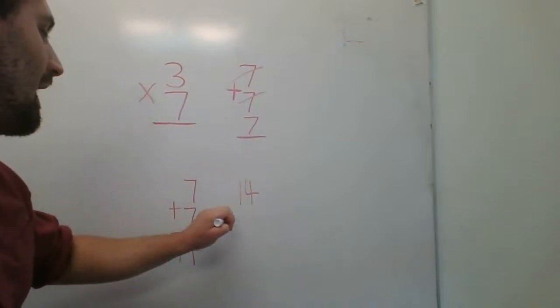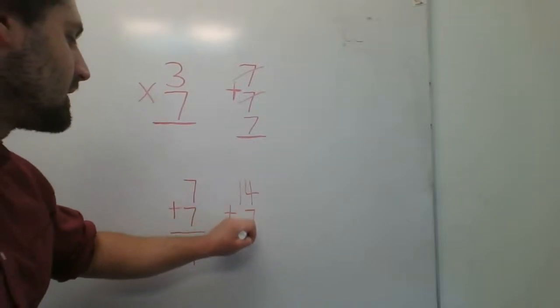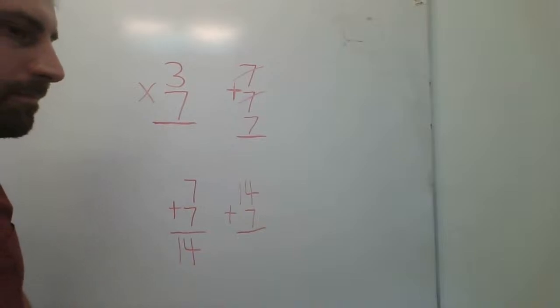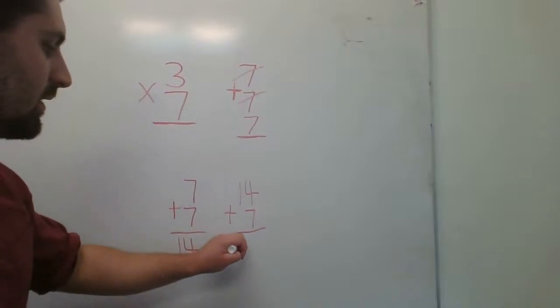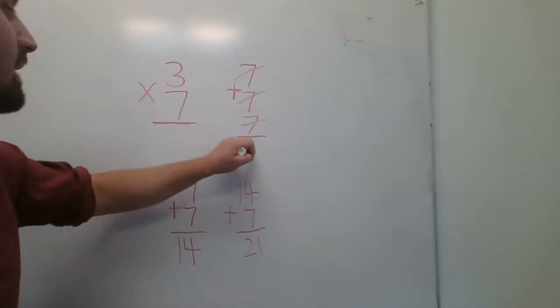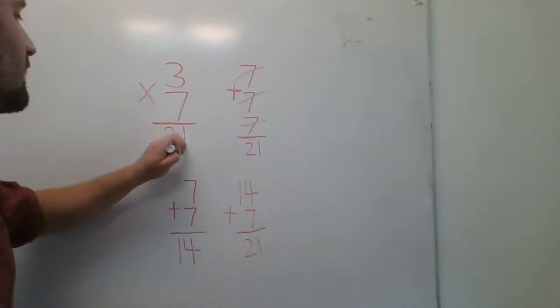So now I have 14 plus 7. 14 plus 7 equals 21. So I just added 7 3 times. 3 times 7 equals 21.